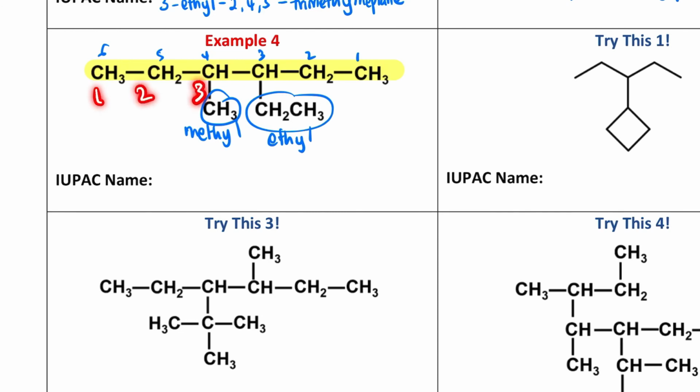Kalau kita start dari kiri, methyl dulu kan? So methyl number 3, ethyl number 4, kita tak nak. Kita nak E tu number yang lebih rendah. So the answer is 3 ethyl, 4 methyl. Parent dia, longest dia adalah 6, so hexane.